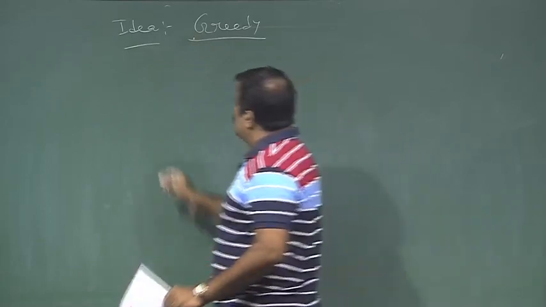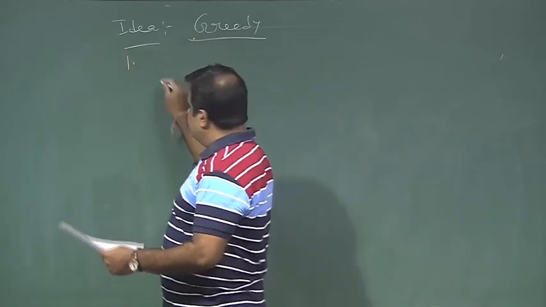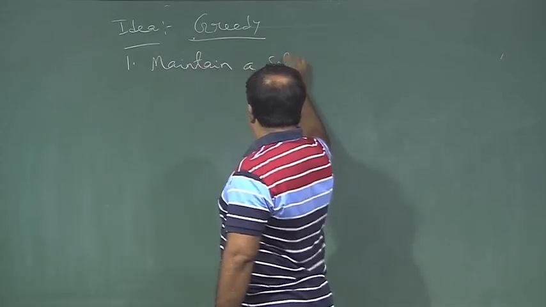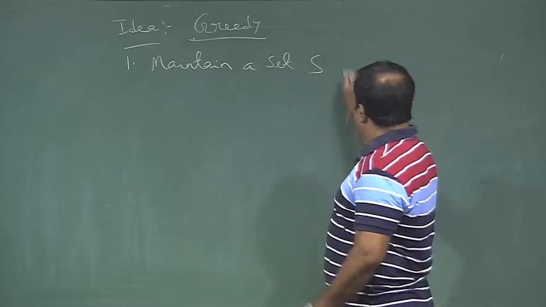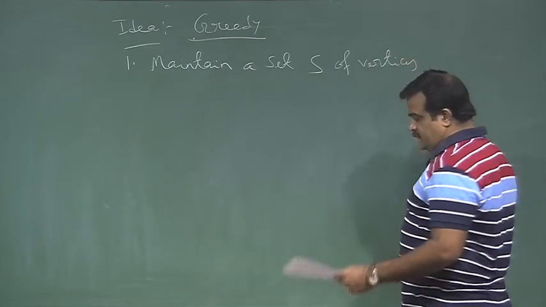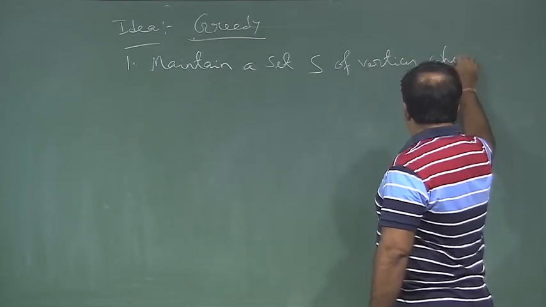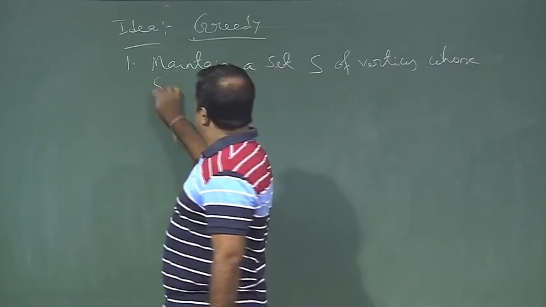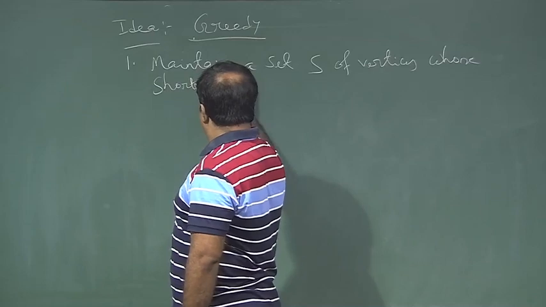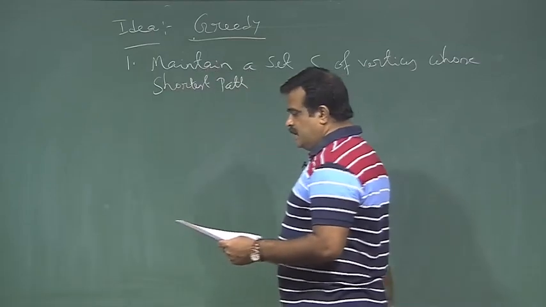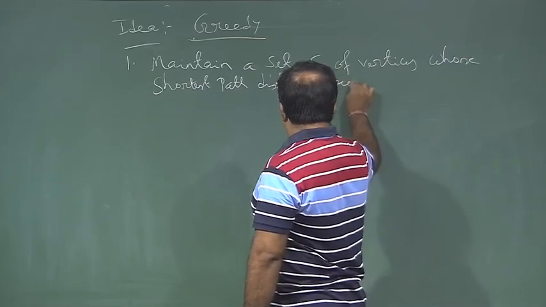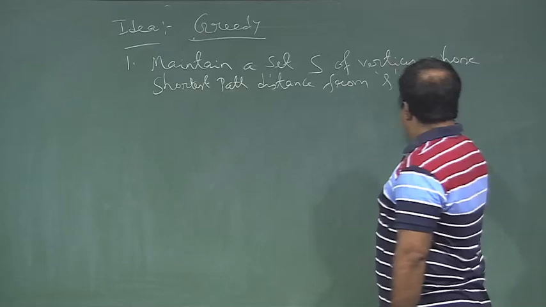What we do is maintain a priority queue, and we maintain a set S of the vertices whose shortest path distance from small s is known.